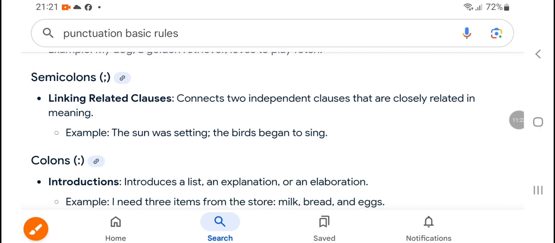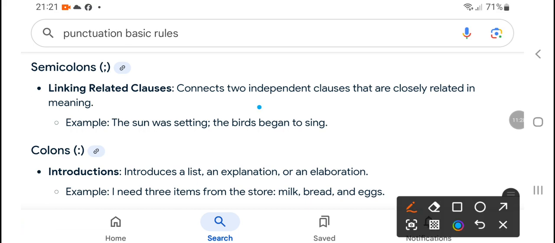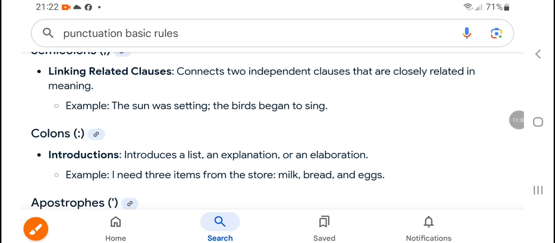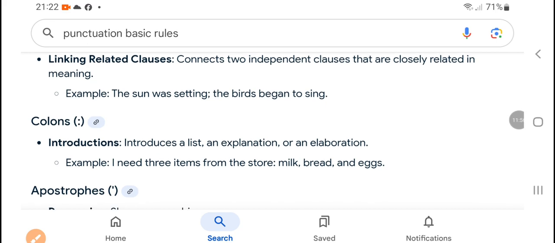Okay. Now next is the semicolon. As I told you, this is the sign of a semicolon. Linking related clauses is very important. Students sometimes get confused, so please take care. A semicolon is used for linking related clauses, meaning it connects two independent clauses that are closely related in meaning.